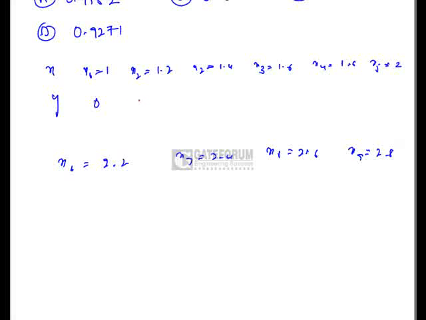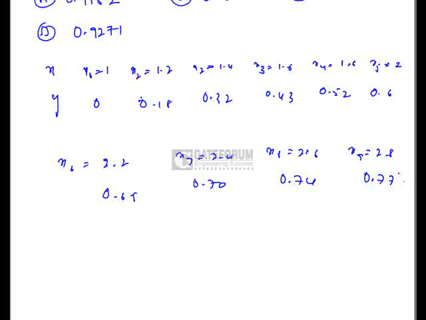values of y, if I substitute x values, will be 0.18, 0.32, 0.43, 0.52, 0.6, then 0.65, 0.70, 0.74 and 0.77. Now we have to evaluate the value between the limits x1 and x2 of f of x dx.